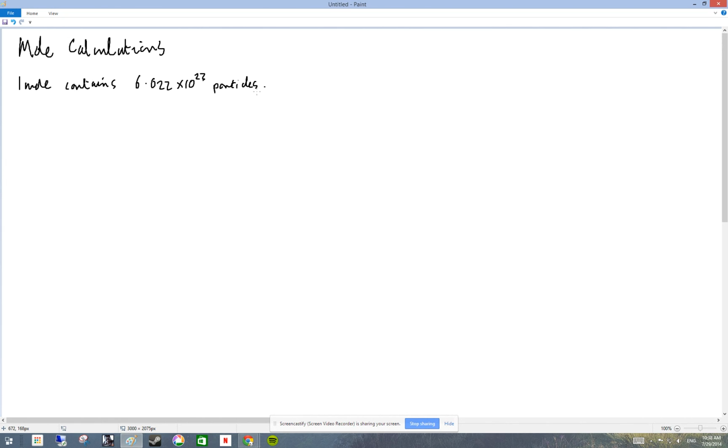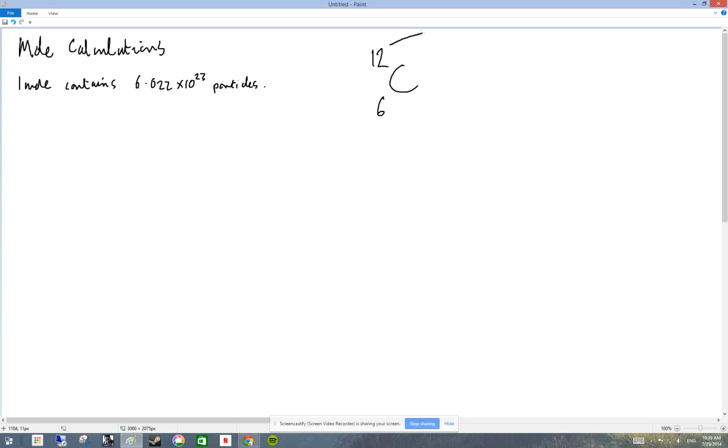Now, when you look at a periodic table, you'll find that you've got two numbers. If I do carbon, for example, you've got a 6 down here and you've got a 12 up there. If you look at an accurate periodic table, you'll find that this number is actually slightly higher than 12. Why it's slightly higher than 12 we'll come on to later.